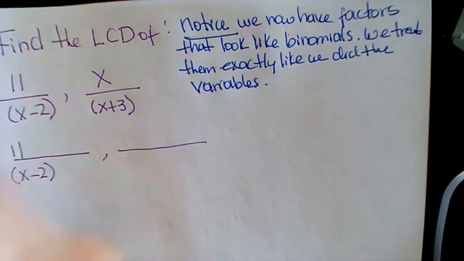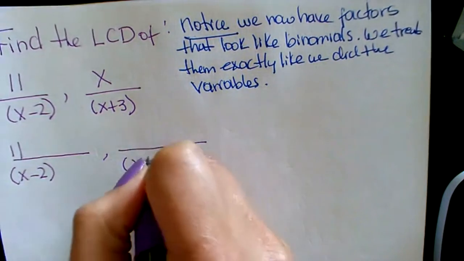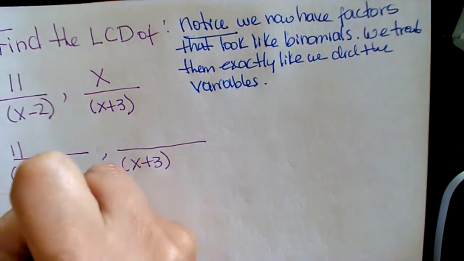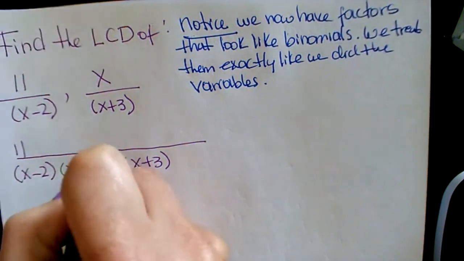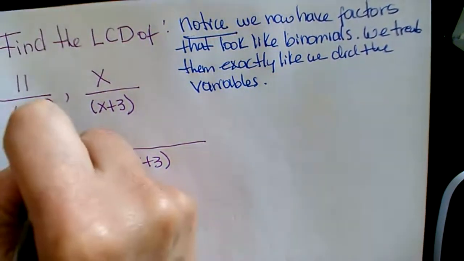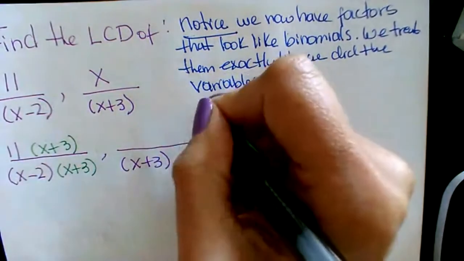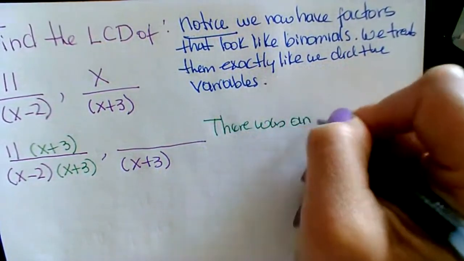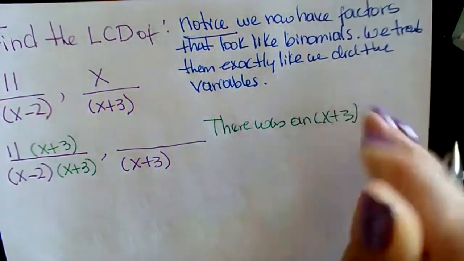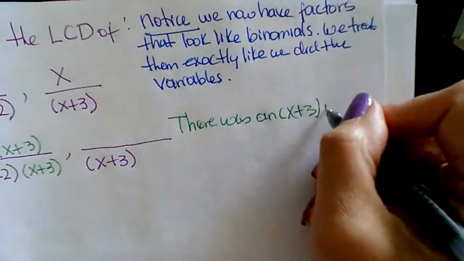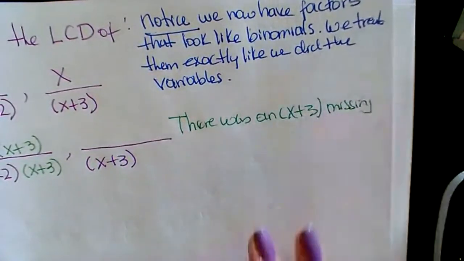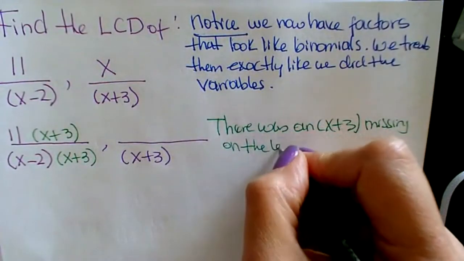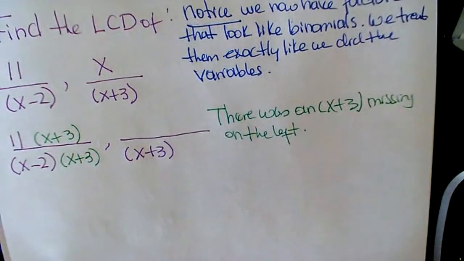And we have the 11, and we have x plus 3. So right here, we're missing the x plus 3, and I have to add it on the top. So we're going to say that there was an x plus 3 missing on the left. And we just add it there.